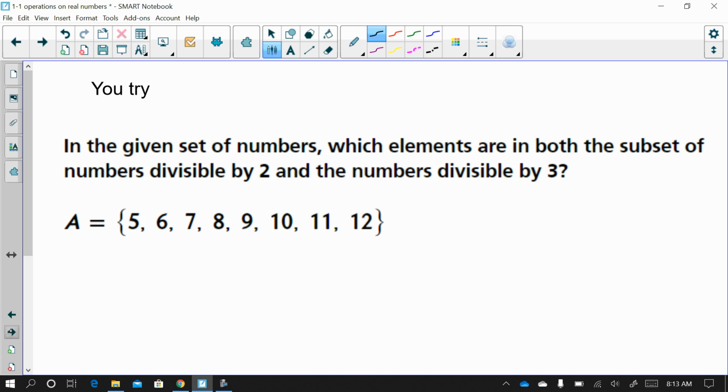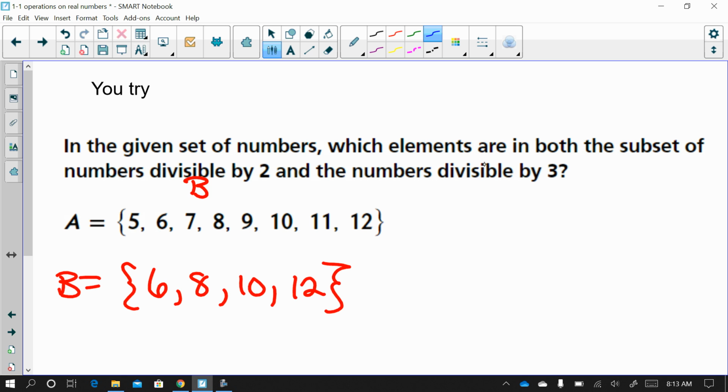In the given set of numbers, which elements are both in the subset of numbers divisible by 2 and the numbers divisible by 3? Numbers divisible by 2, let's call that B. Divisible by 2 is basically saying the even numbers.